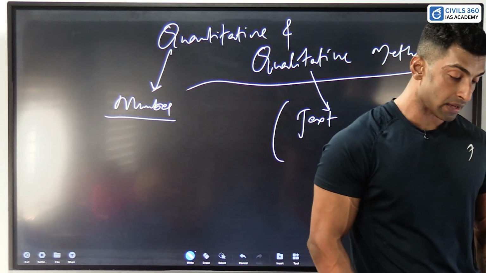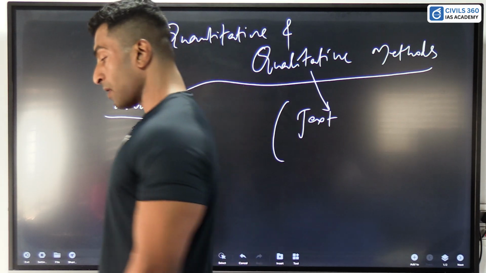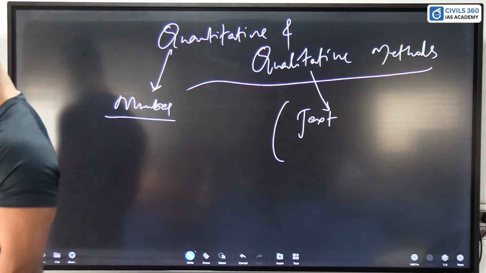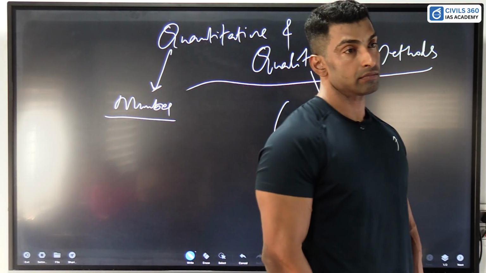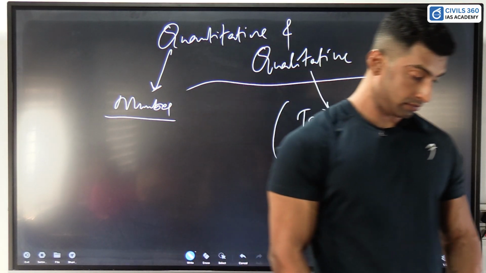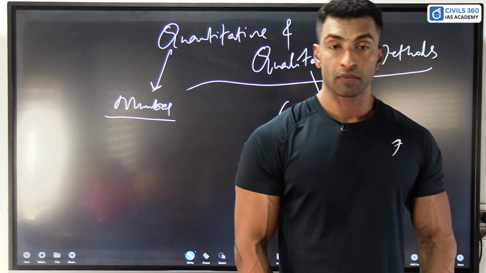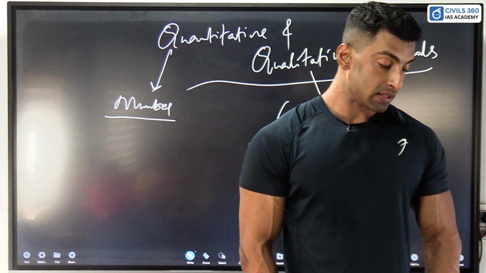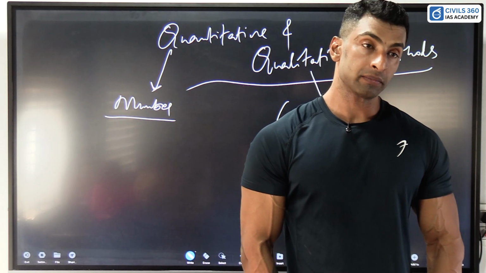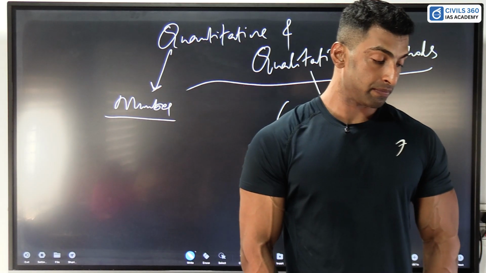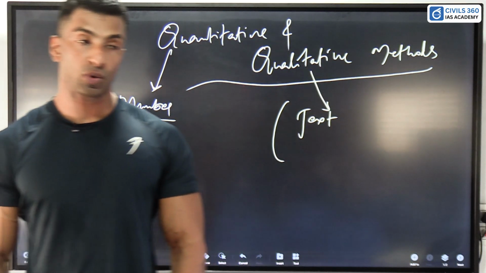Sometimes variables are identified incorrectly. Next point. Quantitative methods rely on data collected from both primary and secondary sources.